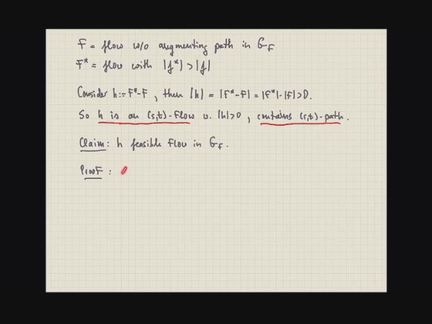So we need to show first that the capacity constraints are fulfilled. So what is the flow along an edge from U to V?